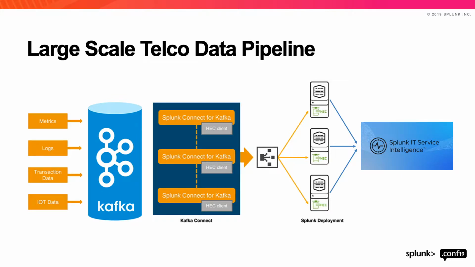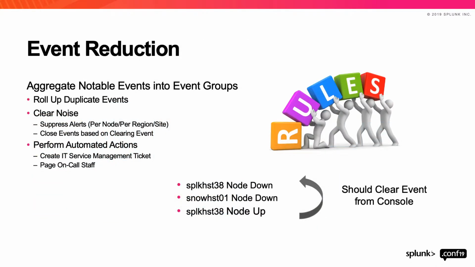So once we have the data in, the next most logical step is we need to do something with that data. The first thing we want to do is reduce the noise. In this little example, I have a host down, I have another host down, and I have a host up. The host up message should actually clear the host down message, so my analysts don't waste any time looking at the host down message when there's a host up message right afterwards.